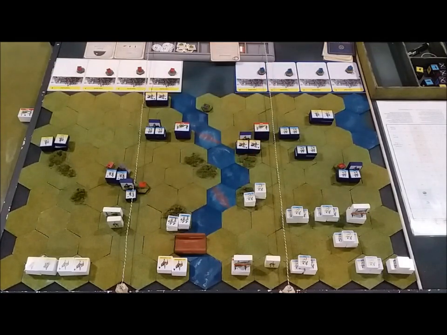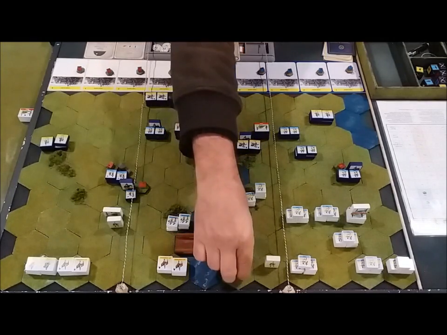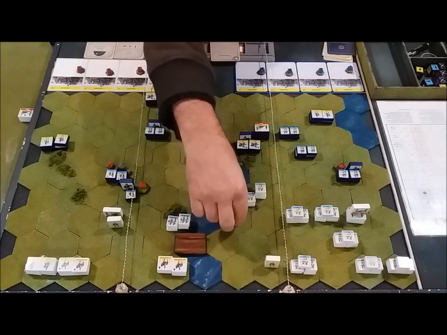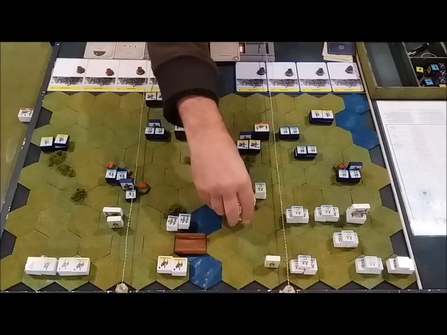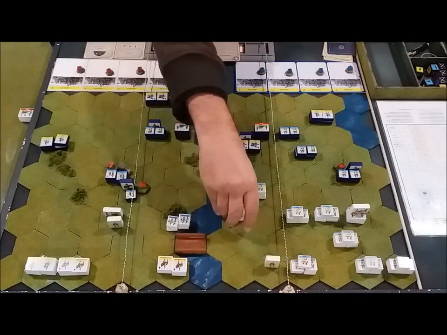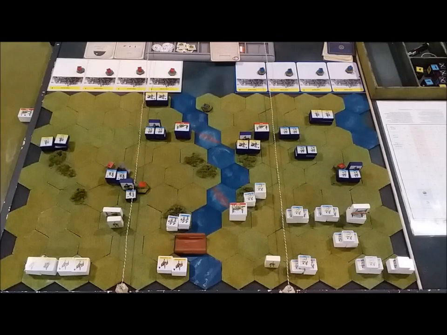He is going to move. And he can move up to 3 hexes. So let's go 1, 2 to there. And that's good. Righto. So 2 additional die.